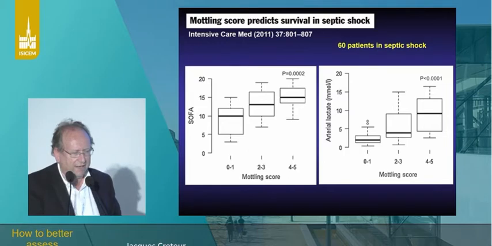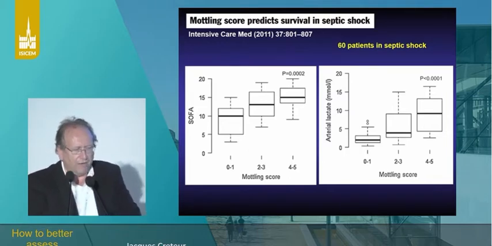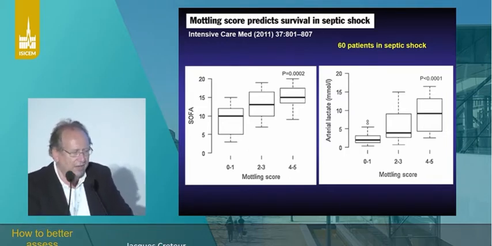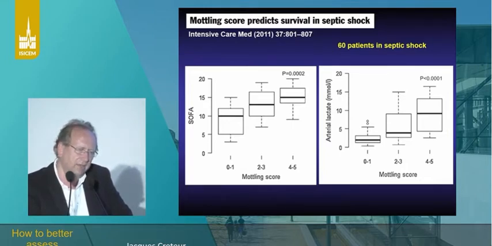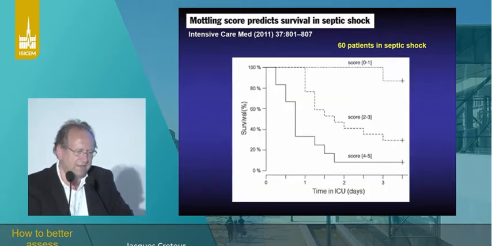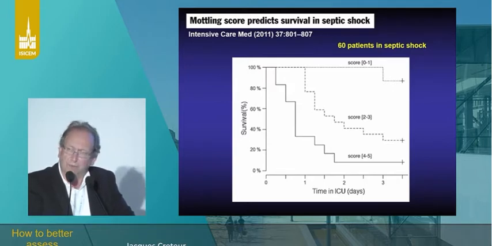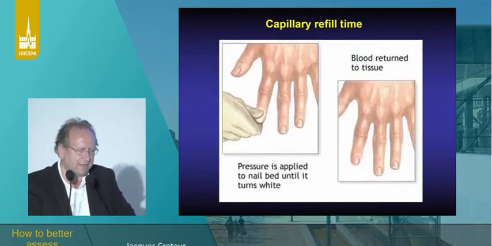The value of the score is correlated to the SOFA score and inversely correlated to arterial blood lactate, meaning that there is a clear correlation between the degree of peripheral perfusion alteration and the severity of the disease. Those scores can predict mortality, and very rapid mortality. As you know, if the score is high, the chance to die is unfortunately very high.